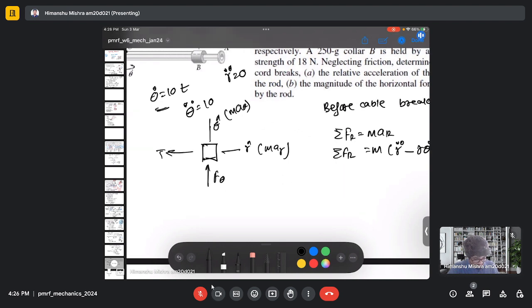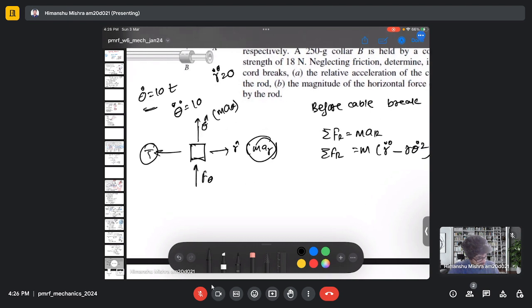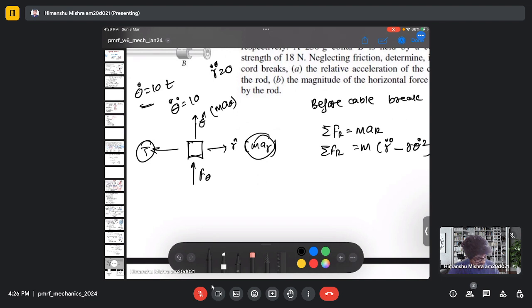So in the r direction we have this tension as well as this inertial force, and the inertial force will have some acceleration, given at the right hand side.